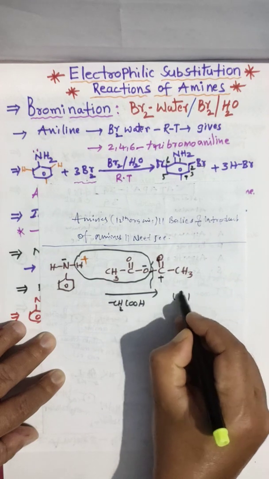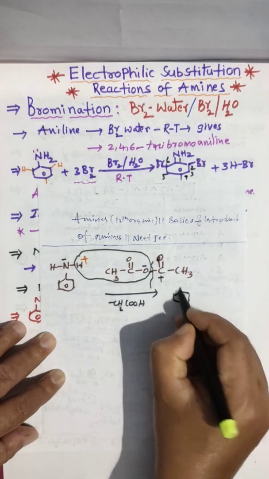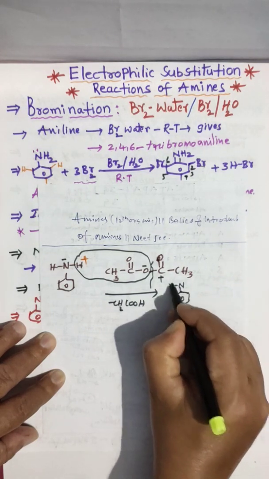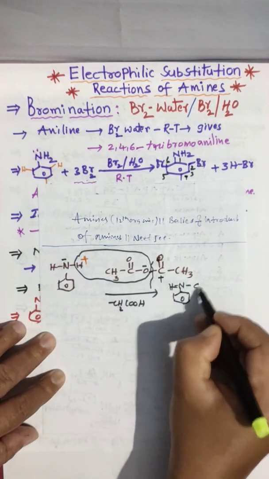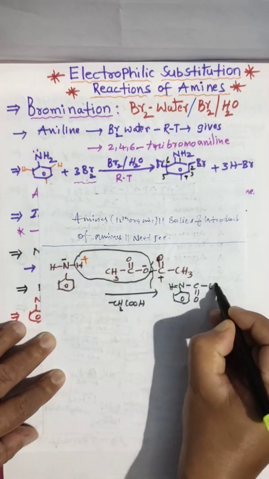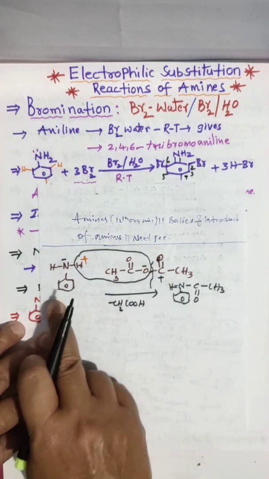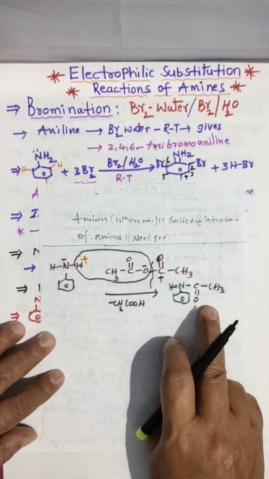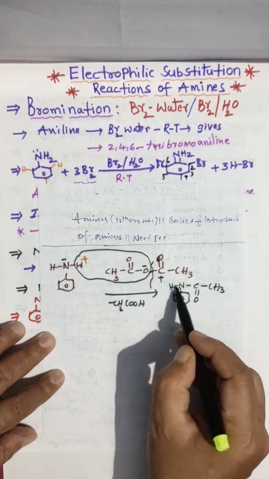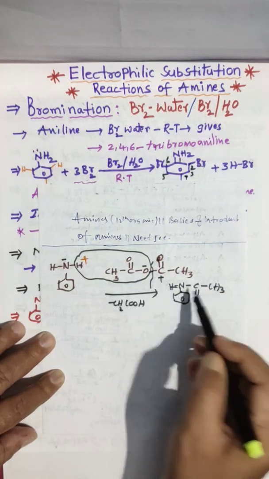Then you get a product like this, C N H, C double bond O, CH3, meaning the amine is converted to an amide. CONH group is an amide. This is what you get, an amide.